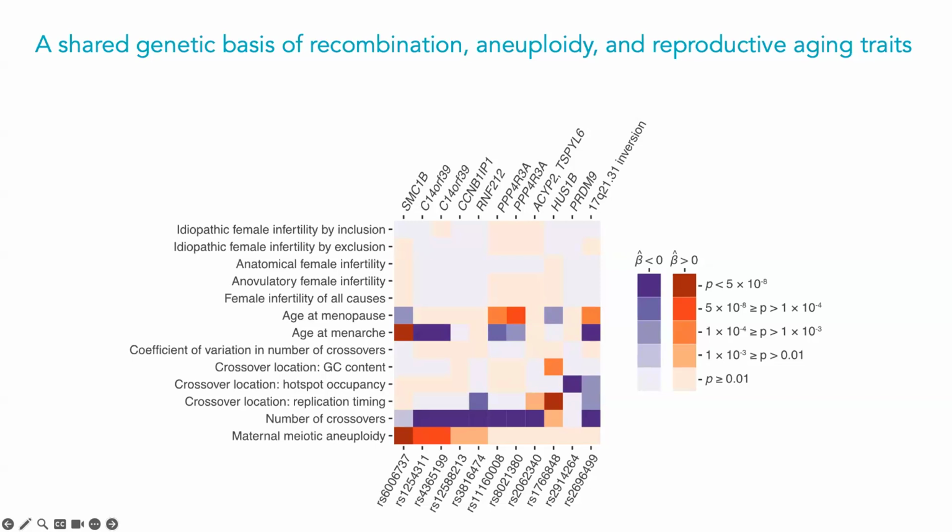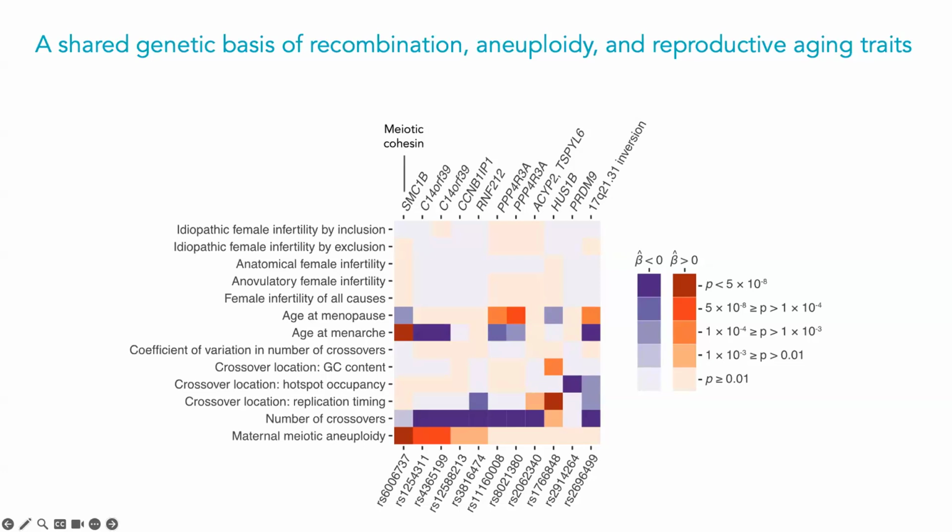The direction of effect is consistent. Variants that are associated with more crossovers are protective against aneuploidy, or vice versa. And some of these same genes, I'm not showing these results, we also pick up through a complementary approach called transcriptome-wide association study.